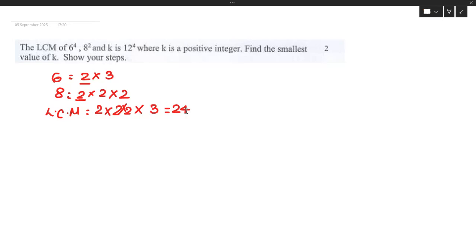How to start, you understood, because they are dealing with LCM. So we already know that the LCM of 6, 8 and k is 12. They have given that in the question. Can you see that?